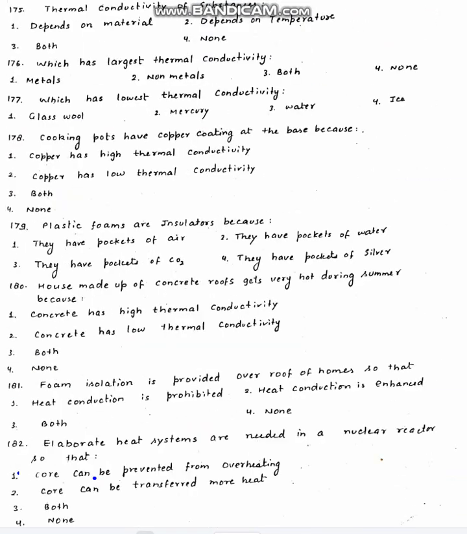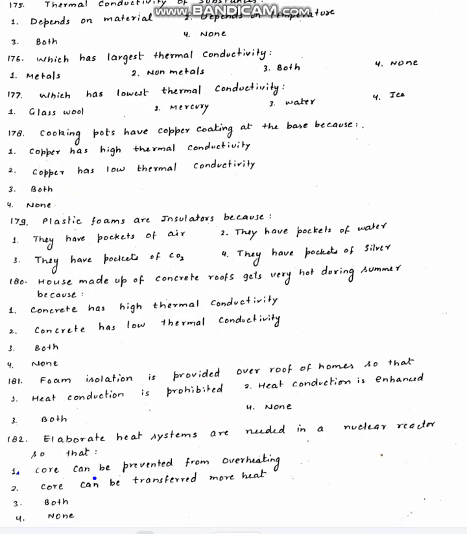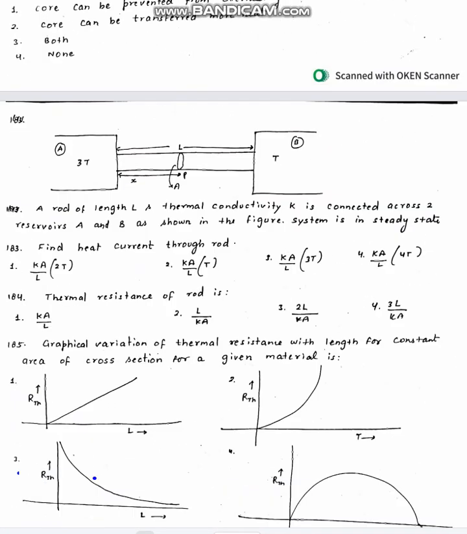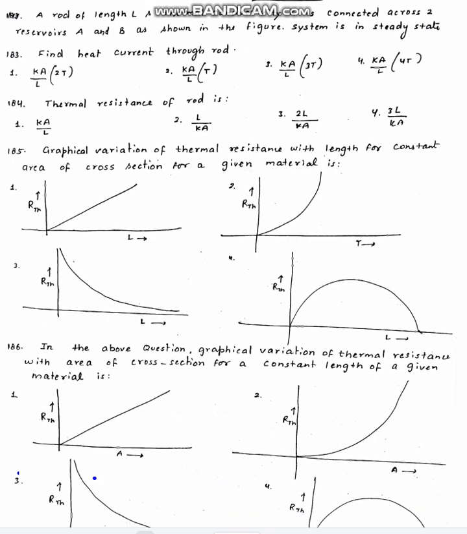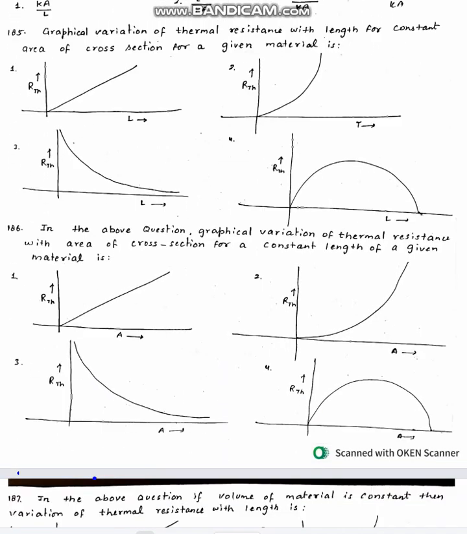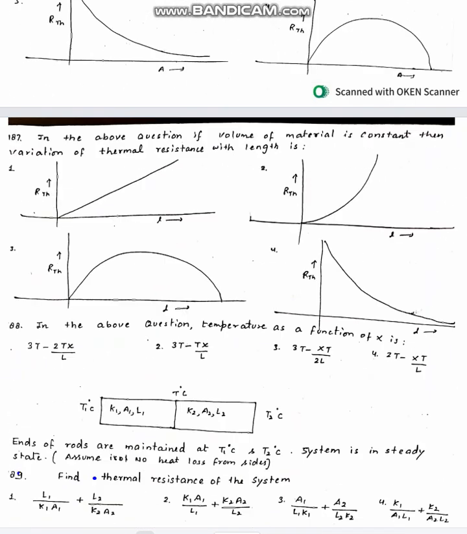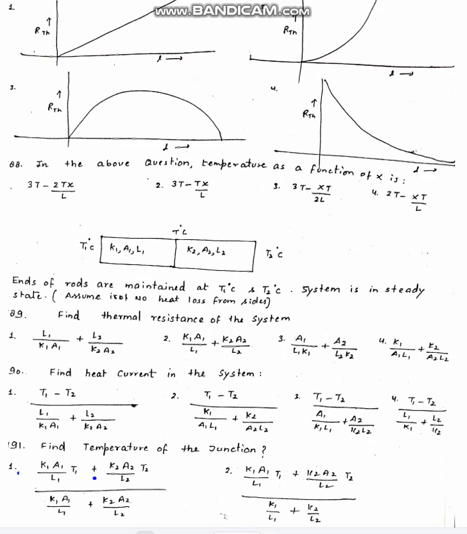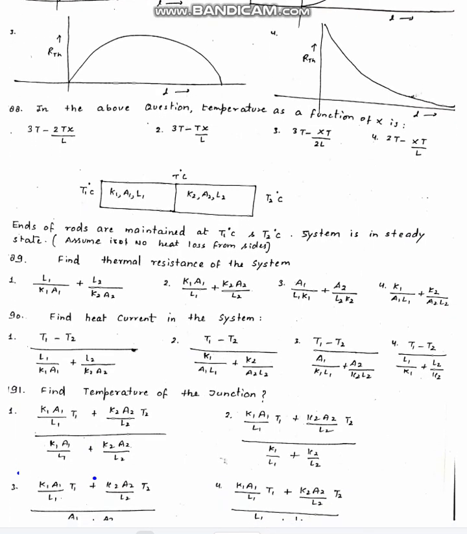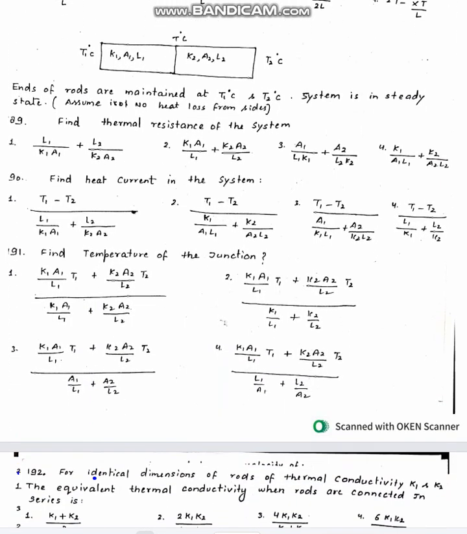Then we have conductivity of materials, plastic forms, insulators, conductors. Then we have Fourier's law, numericals based on that, graphical questions based on that, graphical question on the thermal resistance with different correspondences.